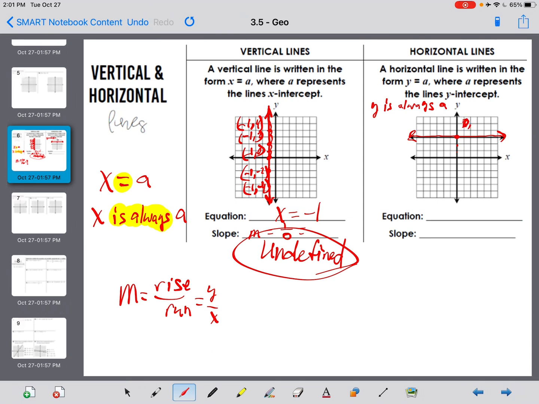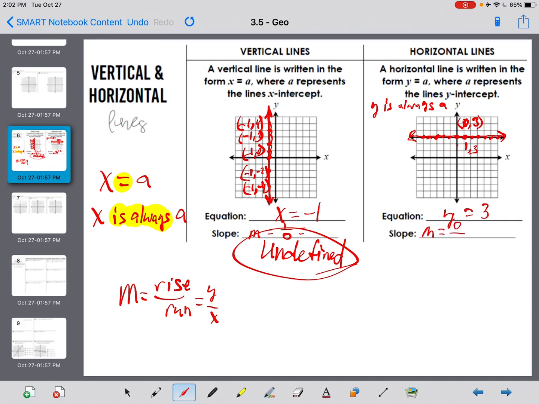The points are 1, 3; 2, 3; 5, 3; 6, 3; negative 1, 3; negative 2, 3; negative 4, 3. They're all 3. So y is 3.